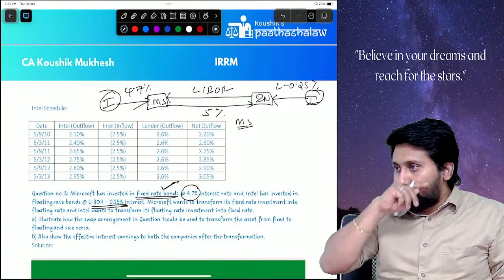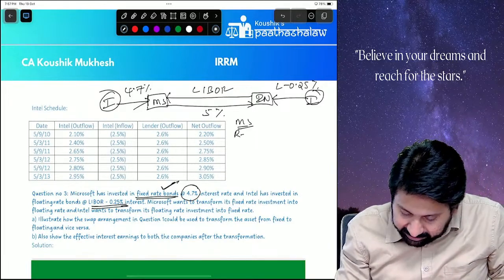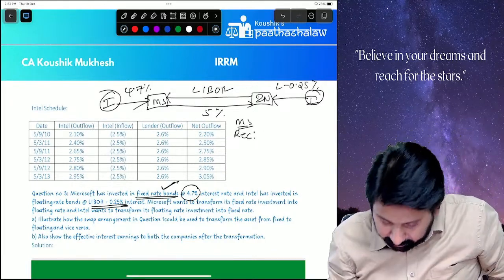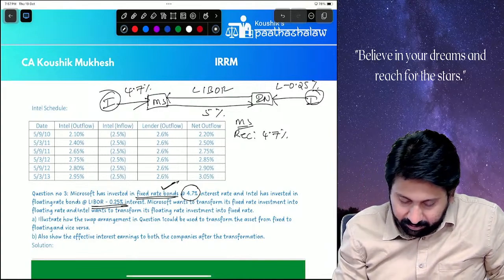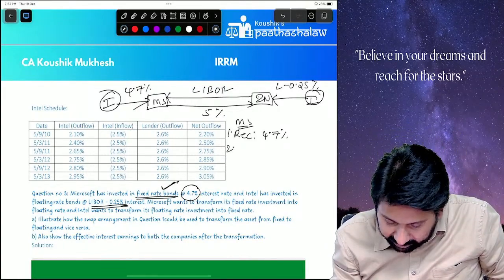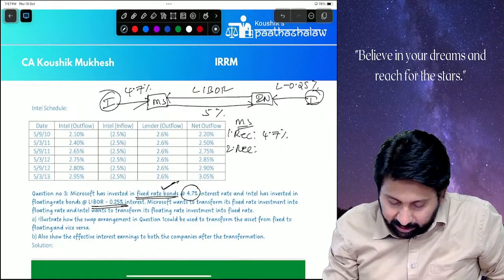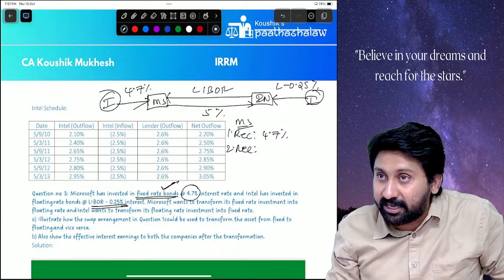Microsoft. Tell me. First, how much is Microsoft receiving? 4.7. From whom? The issuer. Very good. Next, receipt number 2. From whom am I receiving again? Intel. How much? LIBOR. Okay.